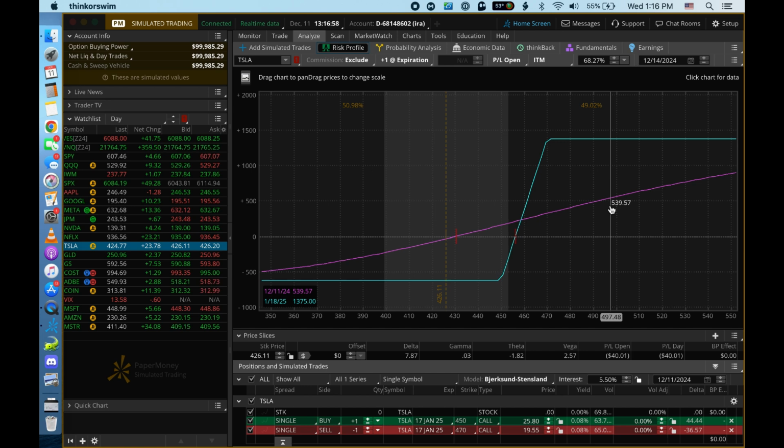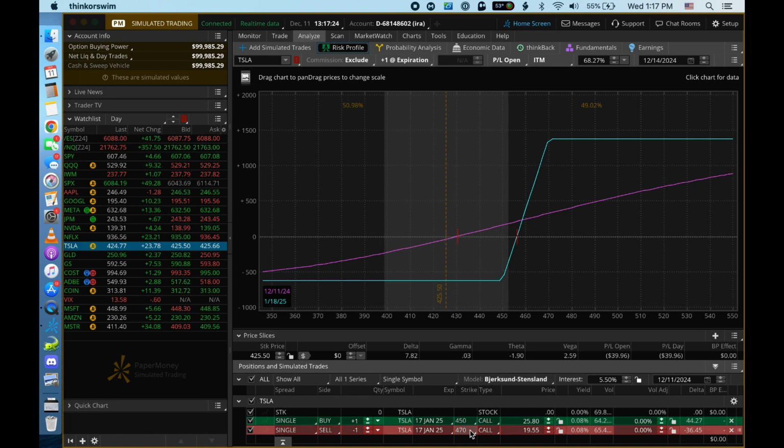So essentially, the vertical spread is a compromise. We are giving up potential profit past the short strike, and in return, we get to decrease our trade cost. We can also reduce the width of our spread so we can make the trade more or less expensive.